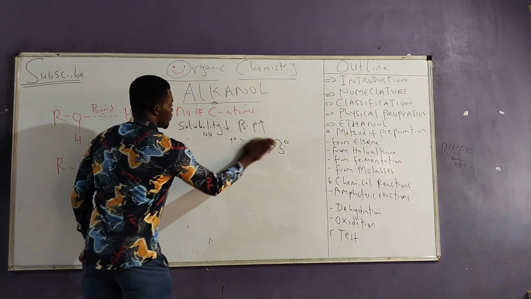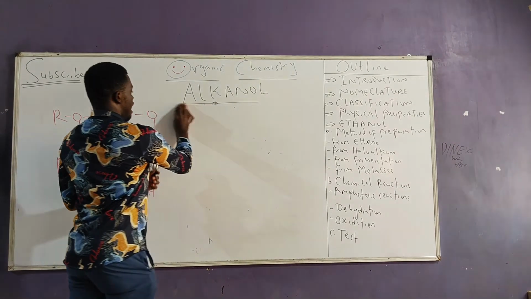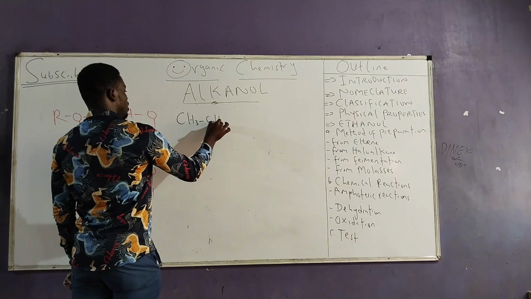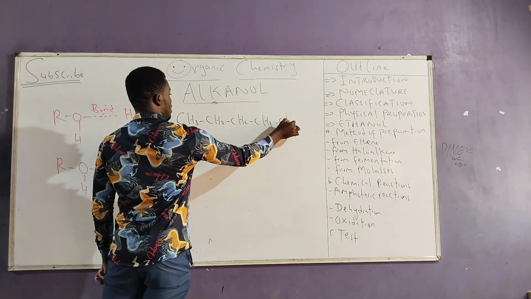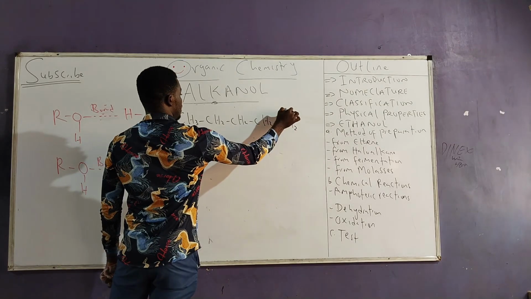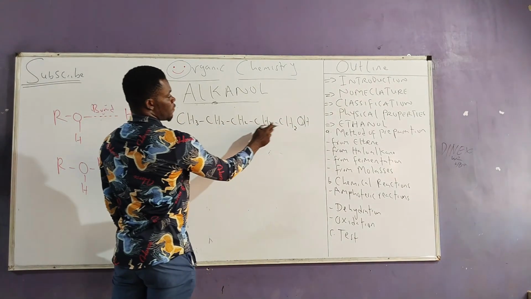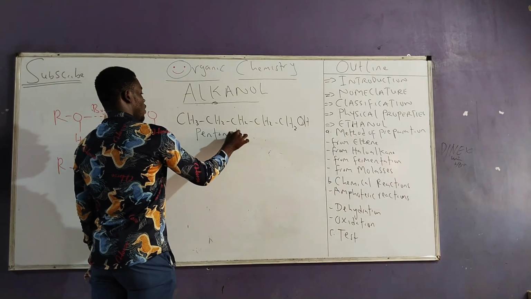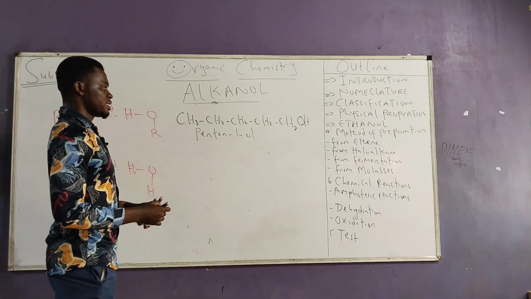For example, let's look at a straight chain alkanol I can have, for example, CH3, CH2, CH2, CH2, CH2, this is OH. So if I were to name this compound, 1, 2, 3, 4, 5, this is pentanol or pentan-1-ol. I can also have the isomeric form of pentanol.